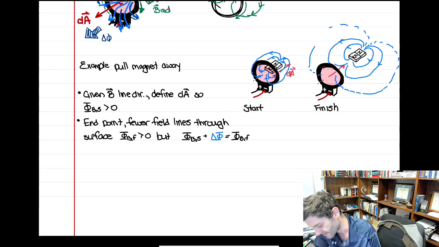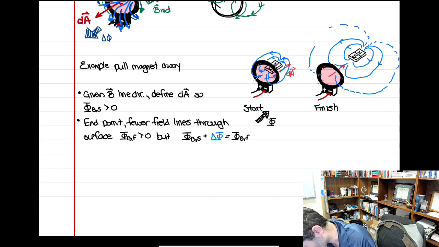Again, positive is in the same direction as dA. I could even draw the kind of net flux, if you will. There's lots of arrows going through the surface, so maybe that's kind of the vector-ish interpretation of the original or the starting flux. Then at the end, there's fewer field lines going through, so maybe that's kind of a representation of the net flux.